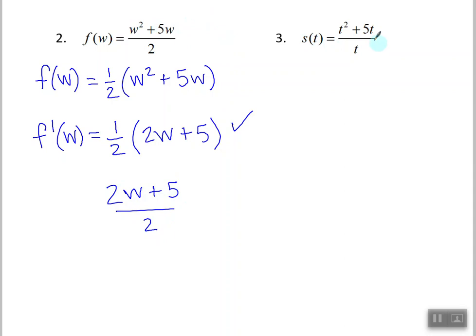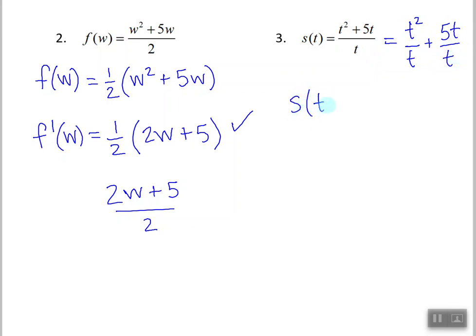In number 3, we do have a quotient of two functions of t, and unlike the previous one, that denominator can't be pulled out to be a constant multiple. But in this case, what we can do is distribute that monomial in the denominator. So we have t squared divided by t plus 5t divided by t.